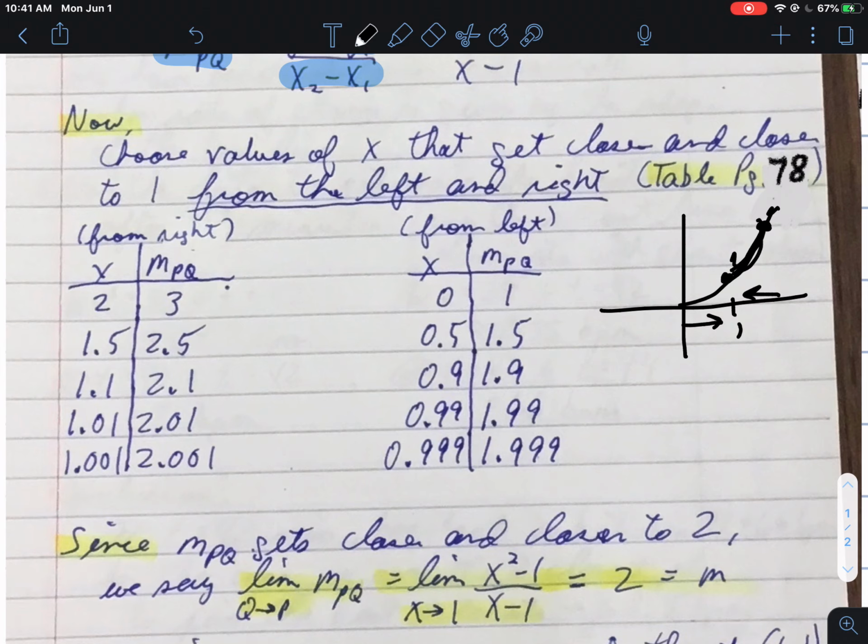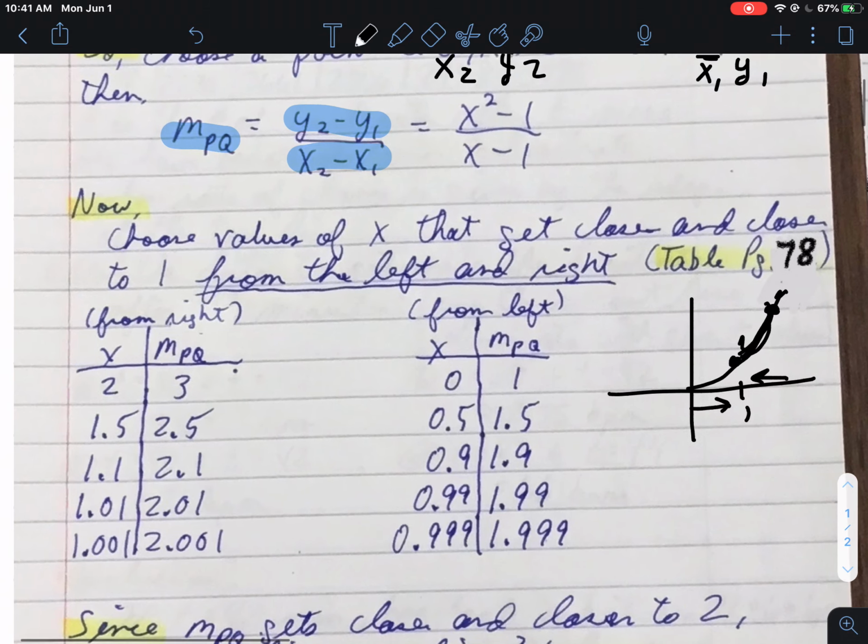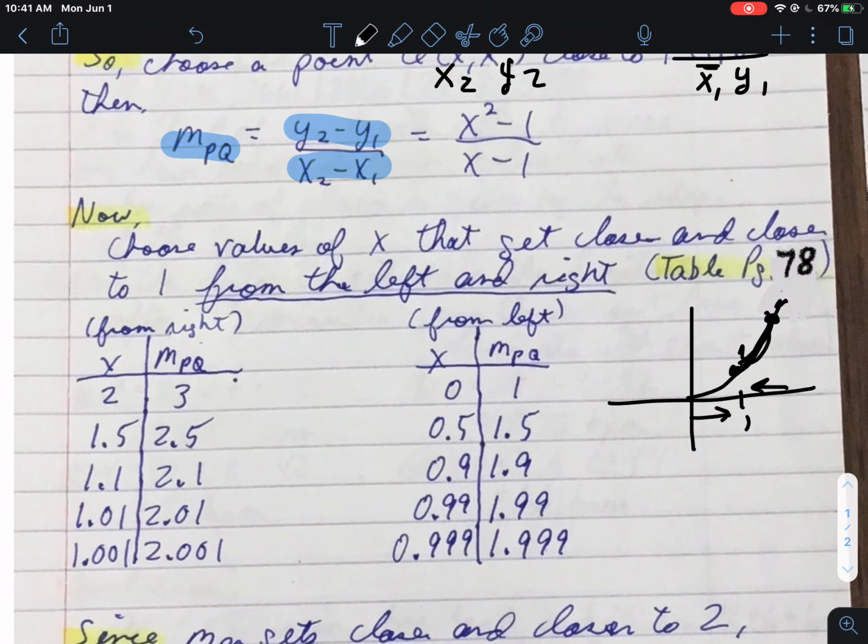So I have these 2 tables, and these again are just reproduced from the textbook, but all these tables are using our formula that we have up here. That's our slope formula for calculating the slope of our secant line for the given x value that we choose for point Q. And so I have the first table, which are values of x that are approaching 1, notice, from the right side.